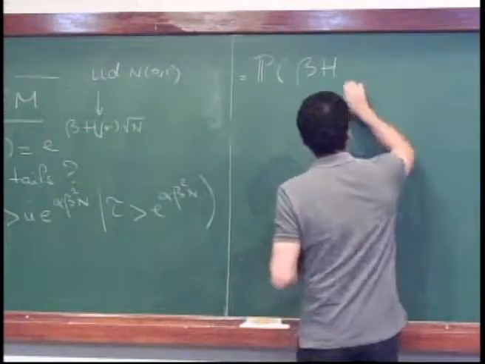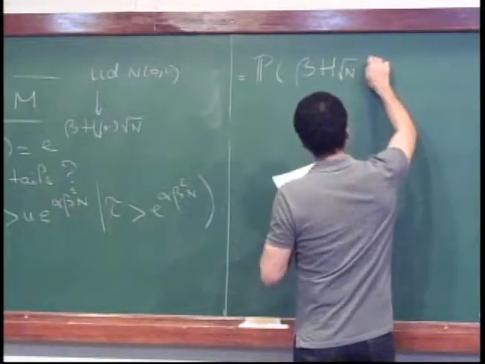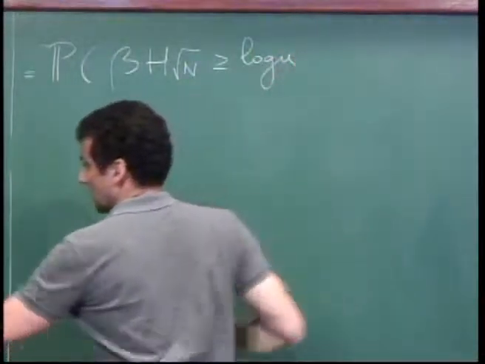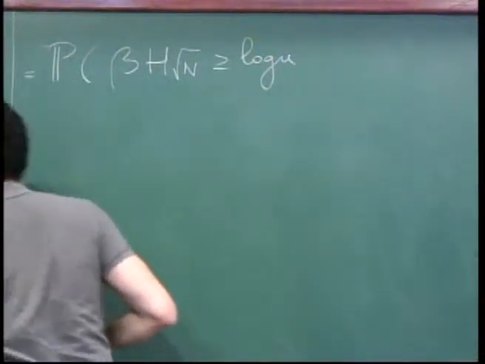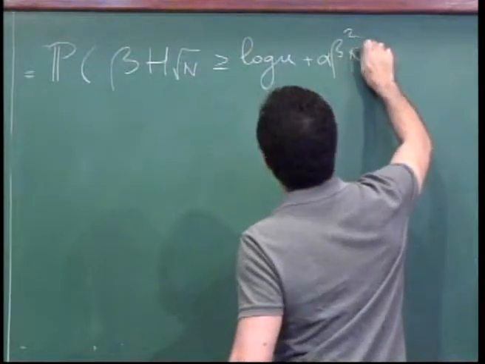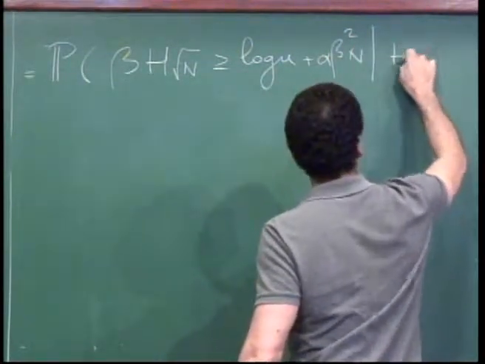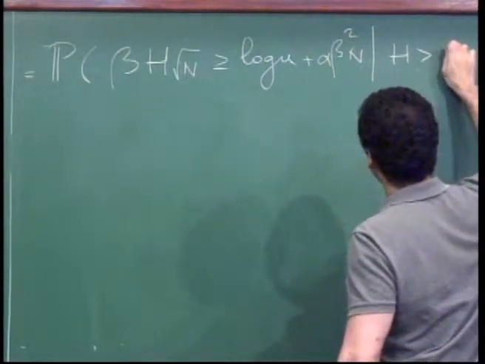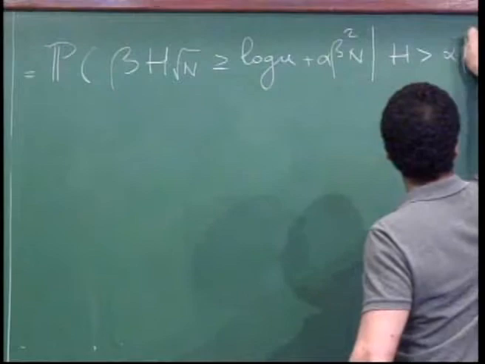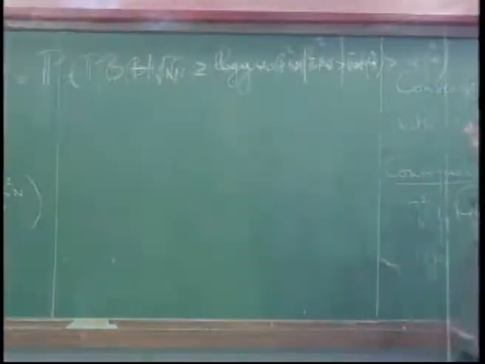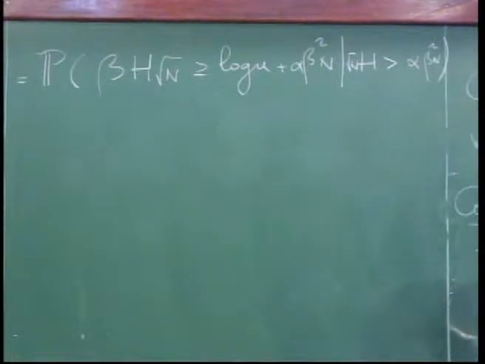Then beta h square root of n is larger than log u. So log of this larger than log of that, which is log u plus alpha beta square n, conditioned on h larger than alpha beta square n, square root of n h. Right? That's the same thing. I just took the log of this.